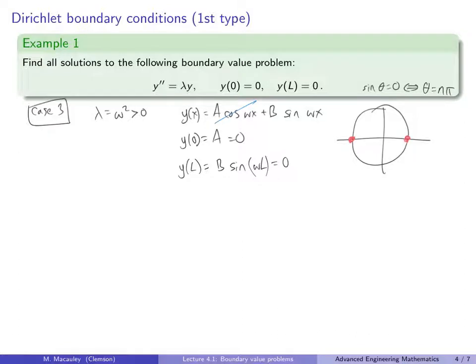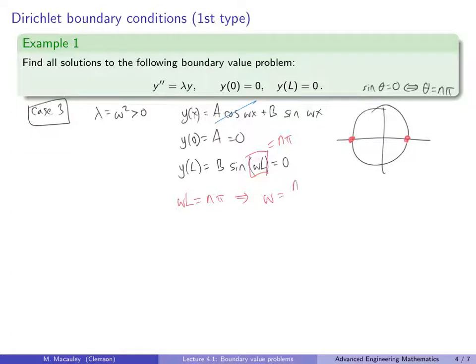So b could be 0, but that just gives us the 0 solution, which we already have, so we want a different solution. Assume b is non-zero, and so if b times sine of this thing equals 0, then that thing has to be equal to n times pi. So we get omega L equals n times pi, so now we know what omega is.